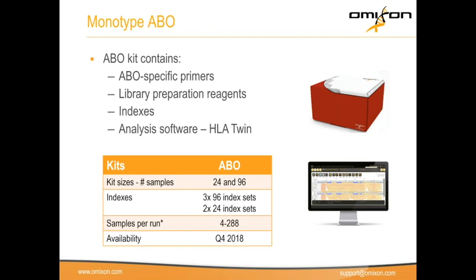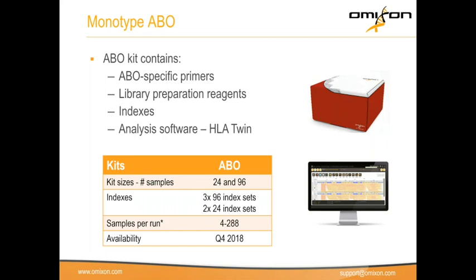So let's focus a little bit more on the ABO molecular typing, which is our focus for today. The ABO kit that Omixon offers contains ABO-specific primers that amplify a particular gene, library preparation reagents, pre-plated indices, as well as analysis software, which is done through HLA Twin.